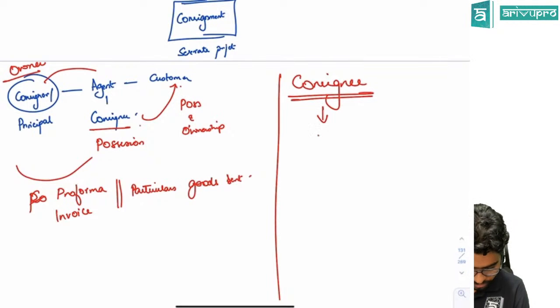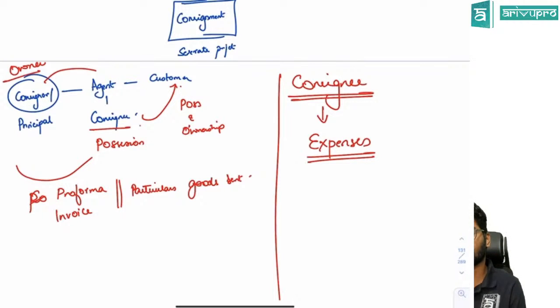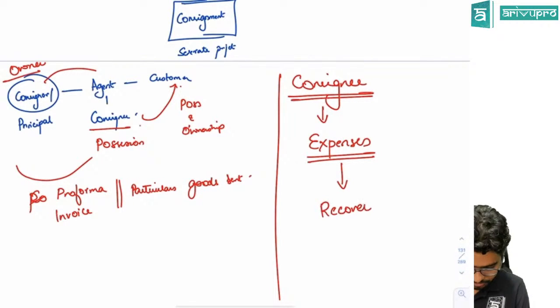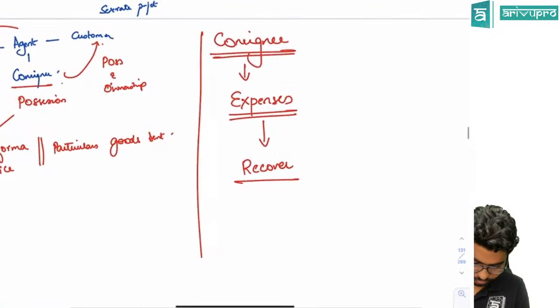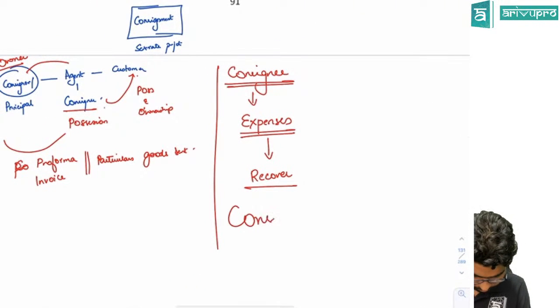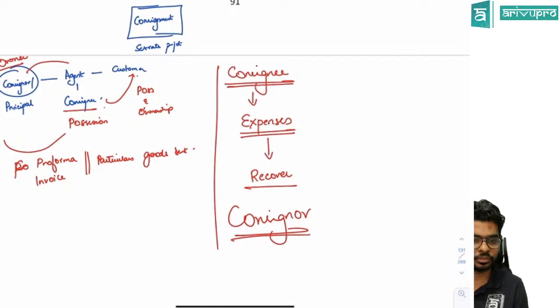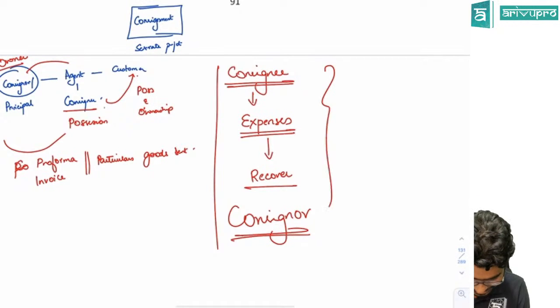So, whatever expenses the consignee is incurring, he will recover all the expenses from the consignor. Are you clear? Now, this is extremely important to understand, because our journal entries flow is purely based on the flow of transactions which happen.